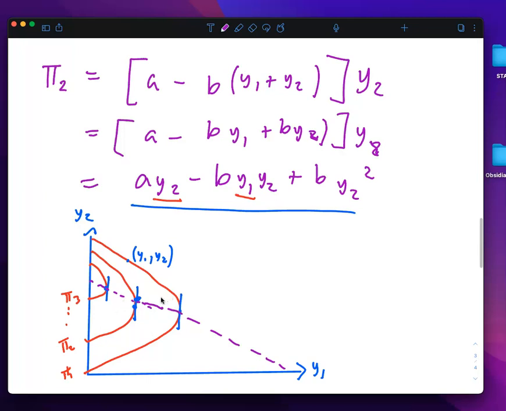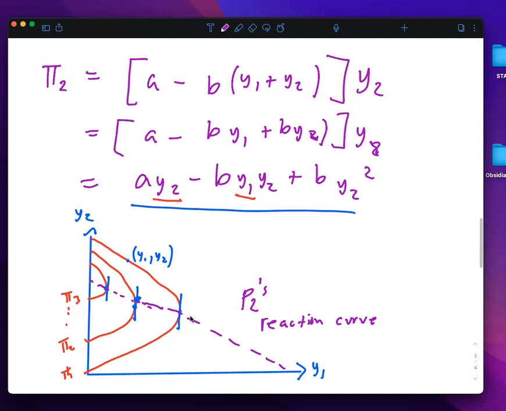Now this line right here is called a reaction curve, and this happens to be player 2's reaction curve. So the isoprofit lines let us draw out this reaction curve.